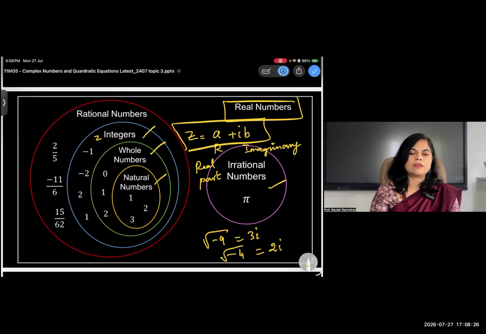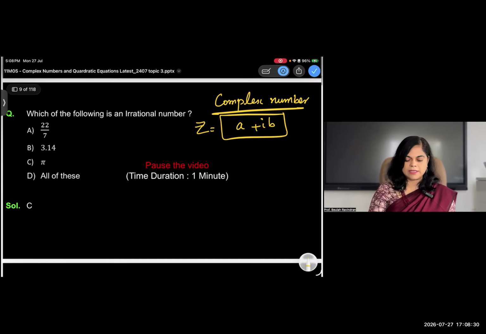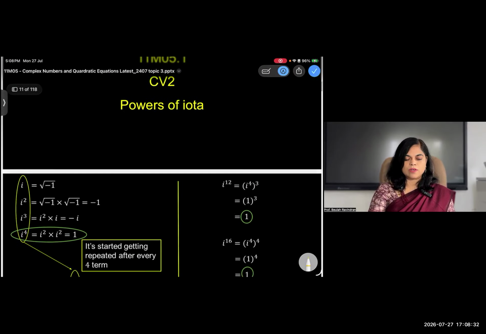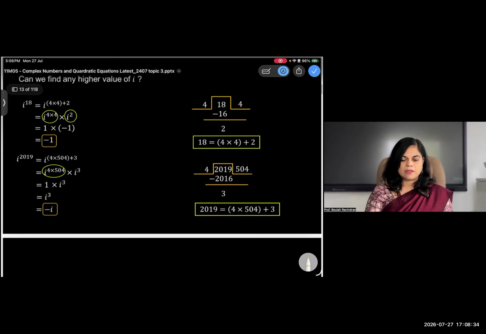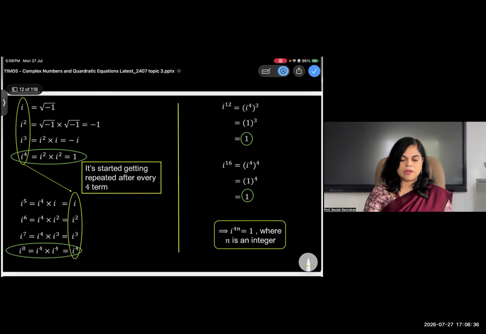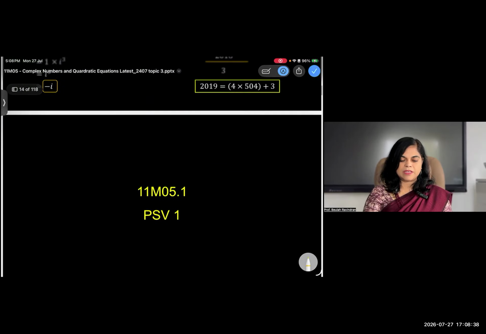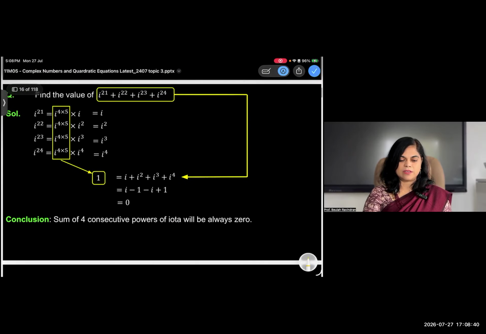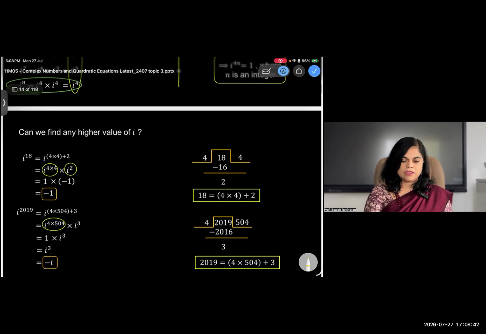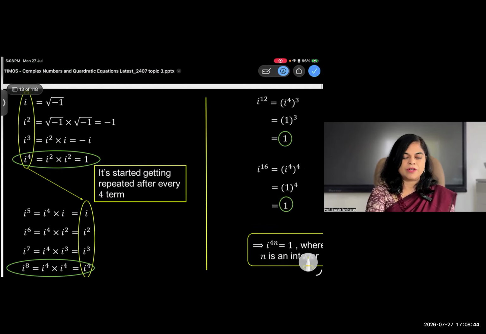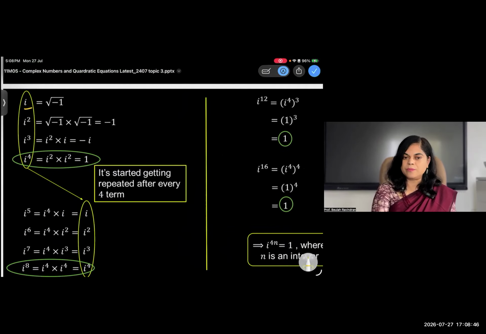Clear? Then there are power cycles of I. You have to understand, so I will teach you this. What are the powers of iota? We can say power cycle of I or powers of iota. Suppose I is root of minus 1. What is I square?